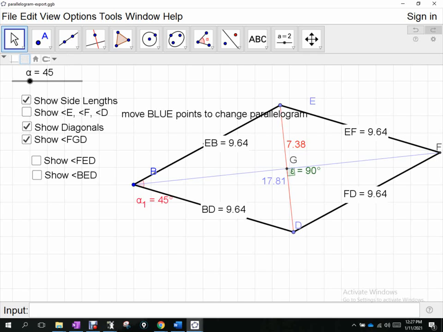If I show FGD, that angle, 90 degrees. Okay? So the way I took that parallelogram, started moving it and changing it, was I just focused on changing the sides so the sides all became the same length.